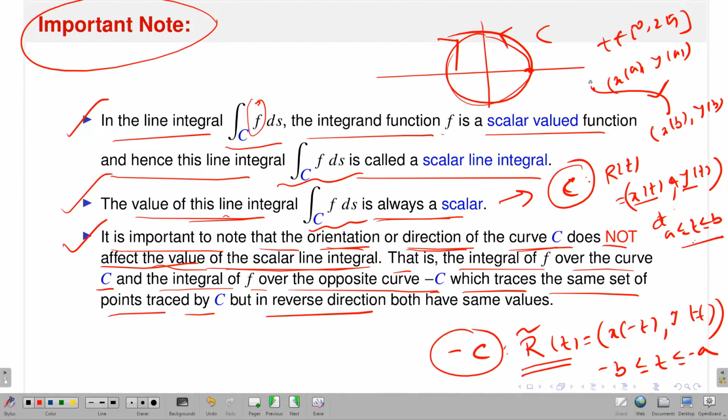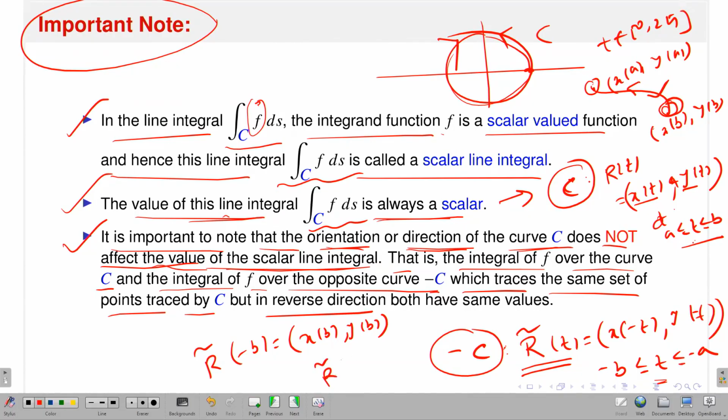Now, if C moves from the point x(a), y(a) to x(b), y(b), it is expected that the opposite curve should start from x(b), y(b) and end at x(a), y(a). Look, if I put t equal to minus b here, r twiddle of minus b is x(b), y(b). That means it starts from here, x(b), y(b), and where will it end?